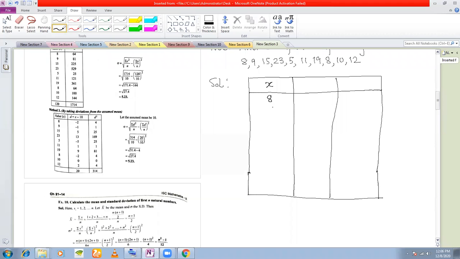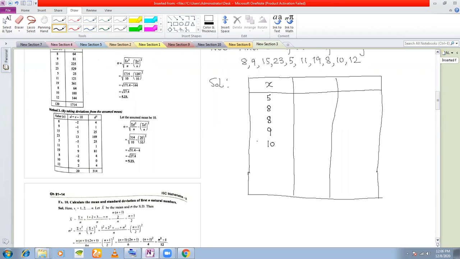First 5, is it? And then again you have an 8. 5, 8, 8. What else? After 8 you have a 9, isn't it? And after 9, then what do you have? A 10.